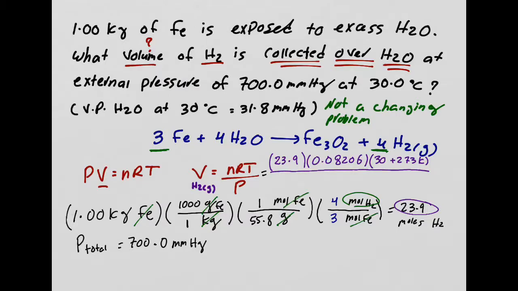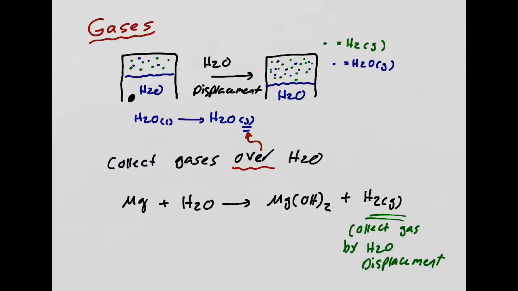When it's over water, what do you have to consider? Every time you're collecting gas over water, you have to consider H2O gas. Because it's not just the gas that you're collecting, it's also some H2O gas that is going to get in there.